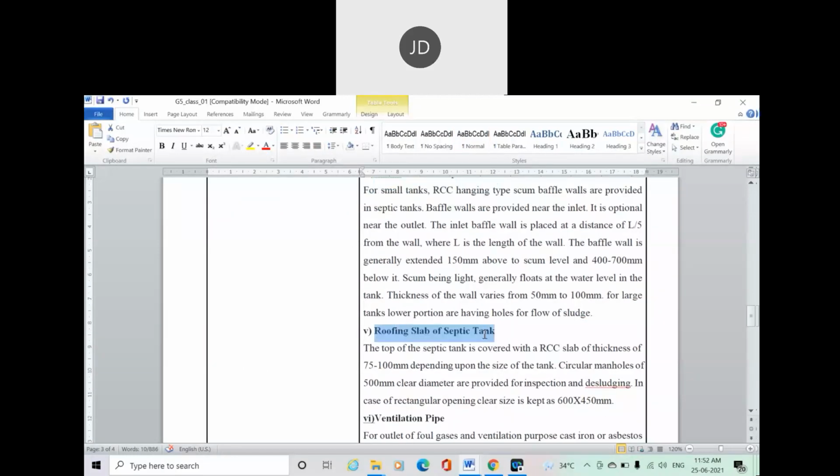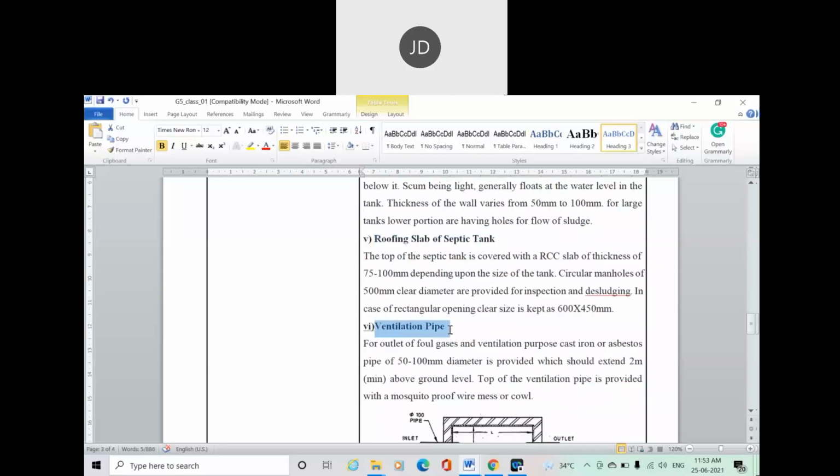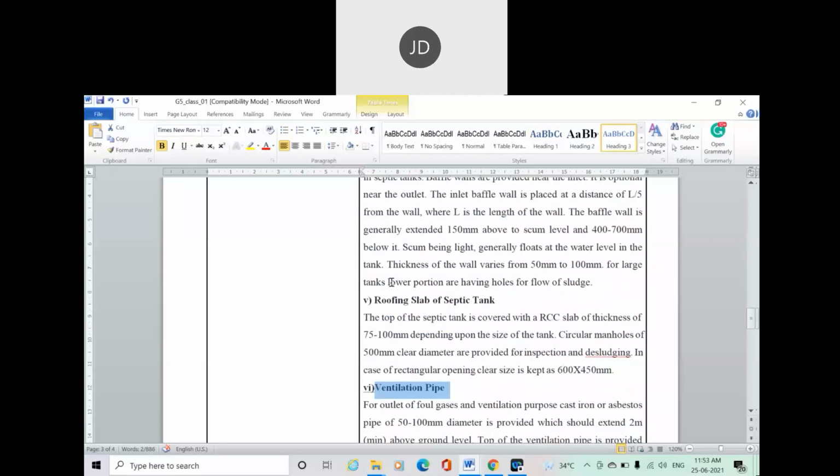Next, we also need a roofing slab for the septic tank, and then we need a ventilation pipe, sometimes in short form a vent pipe. The roof or the top of the septic tank is covered with an RCC slab of thickness 75 to 100 millimeter, depending upon the size of the tank.